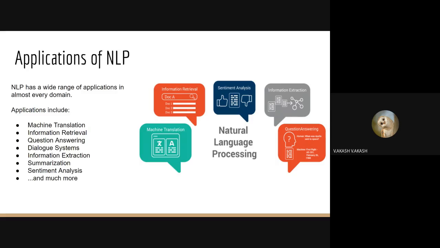In whatever domain we take, the primary means of communication is either text or speech, so there is a lot of scope to leverage the power of NLP. Let's see a few applications one by one, and quickly glance over them before we go through the technical aspects.